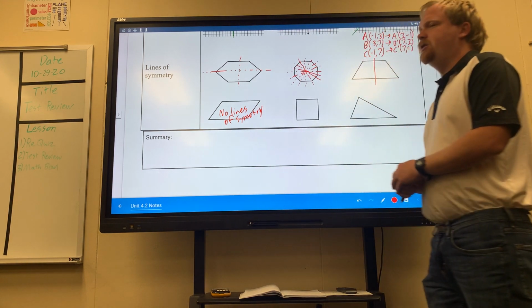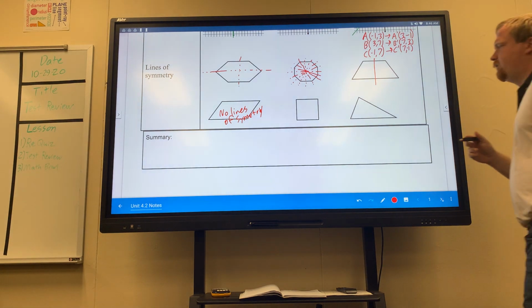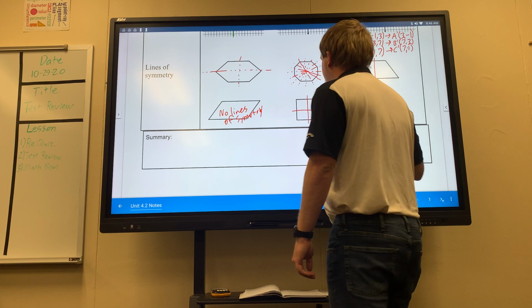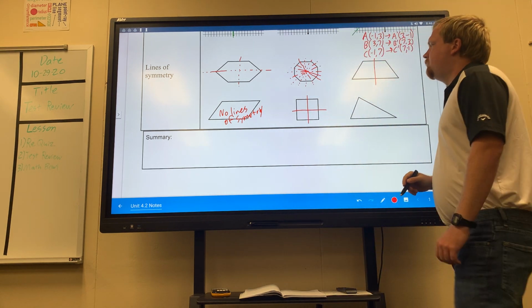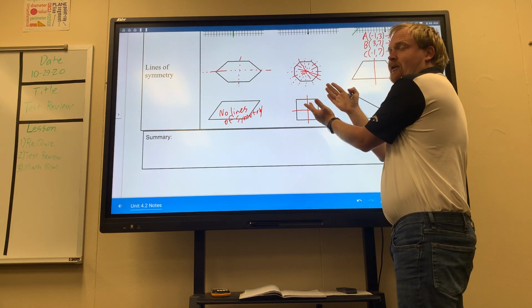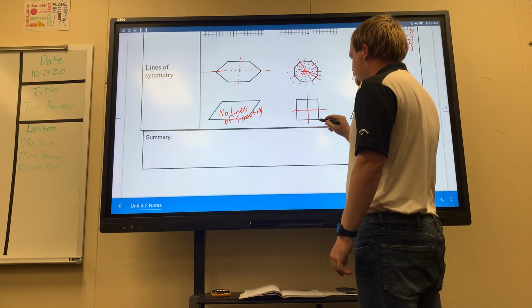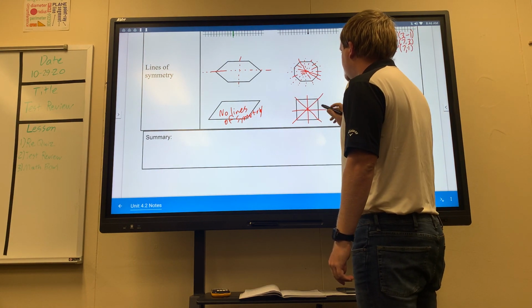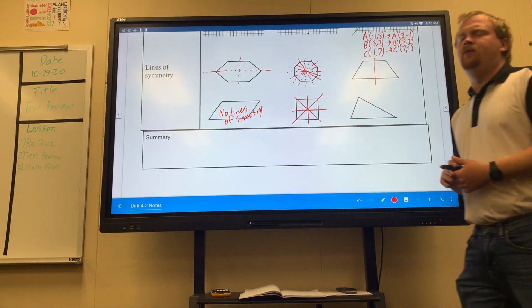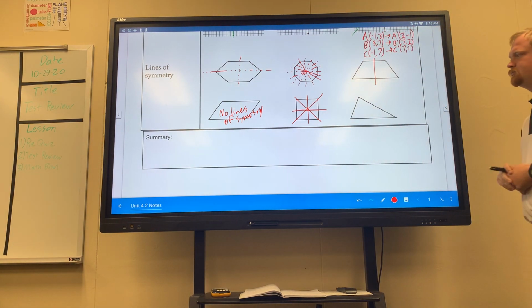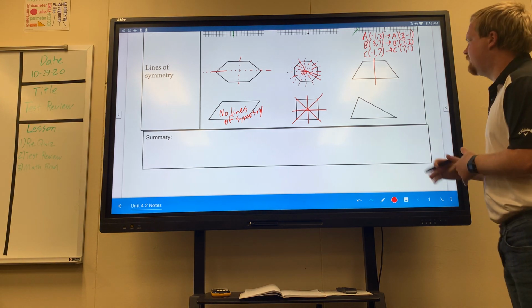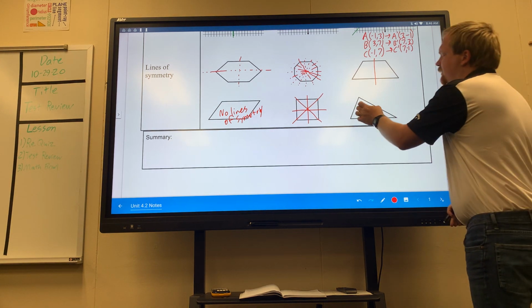No lines of symmetry. Now for the square here, I have these two lines up and down, but I also can fold it at an angle. I can fold it diagonally like this. In this case, I would actually have 4 lines of symmetry. Now, this triangle right here, there's not really a way to fold it evenly.